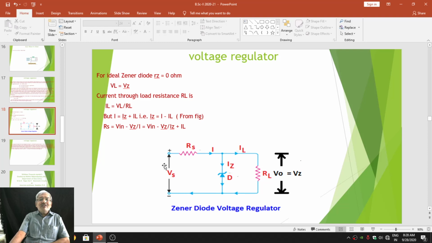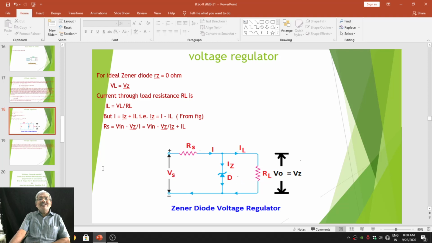This is the unregulated power supply, meaning it is the output of a rectifier and filter, which we have already studied. That unregulated power supply is applied in series with Rs, and a regulating element, the Zener diode, is connected in shunt with the unregulated supply and the load resistance.